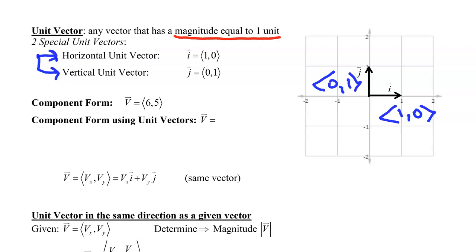So there's two ways to write vectors. One is in component form, 6, 5, or another way is to write it as 6i plus 5j, where i represents the x component and j represents the y component.